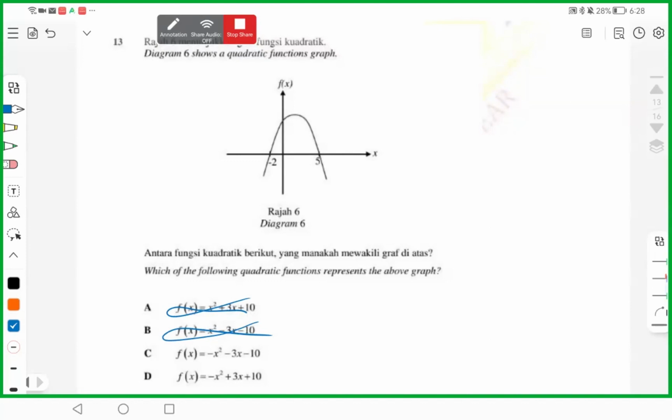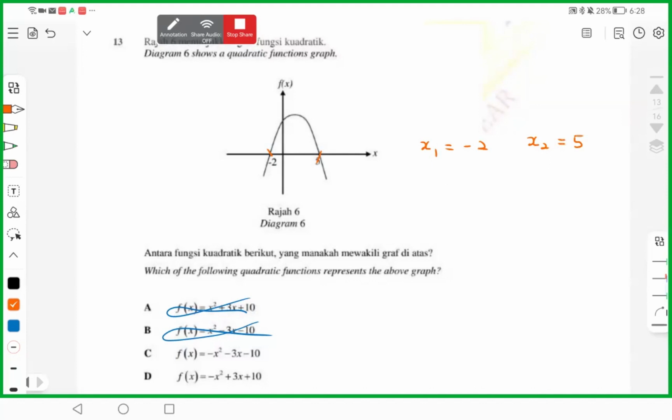Correct? Okay. This one has two real roots, or one real root, or no real roots. By looking at the graph, how many x-intercepts? Two, right? So I can also say x1 equals -2, x2 equals +5, right?